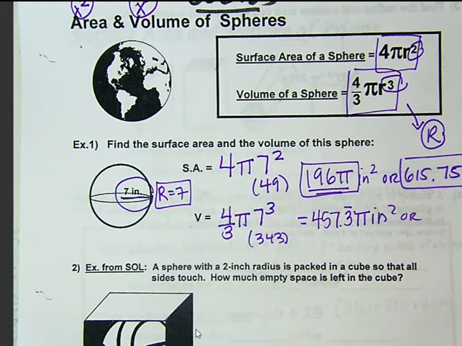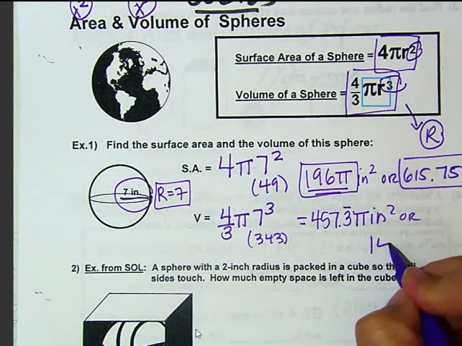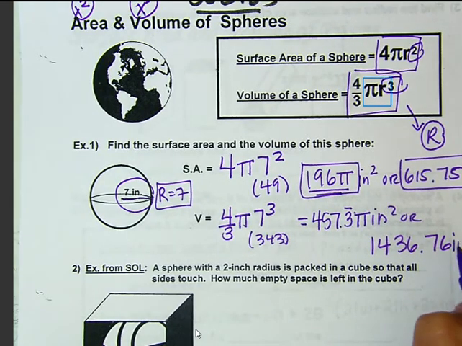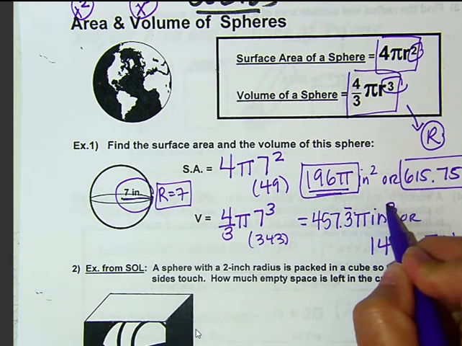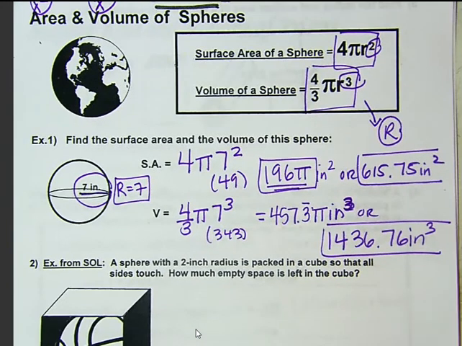Or we're going to multiply this times pi, second pi, and you get 1,436.76 inches cubed. This is cubed, sorry. Volume is cubed, area is squared. So those are those two.